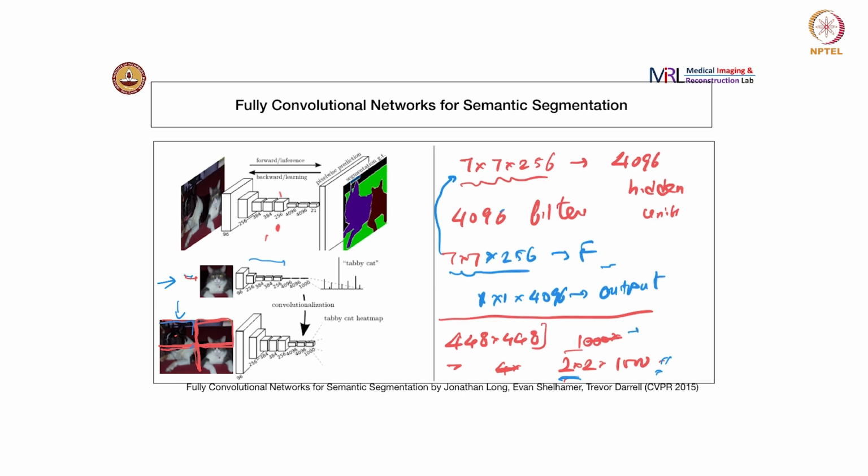This upsample process is often mistakenly called deconvolution, but the better thing would be to call it transposed convolutions, or strided convolutions, or fractionally strided convolutions. Transposed convolutions would make sense. We'll see what those are over the next few slides. But basically you take this 2 cross 2 and upsample it to the size of the image in order to get a fairly high resolution map.